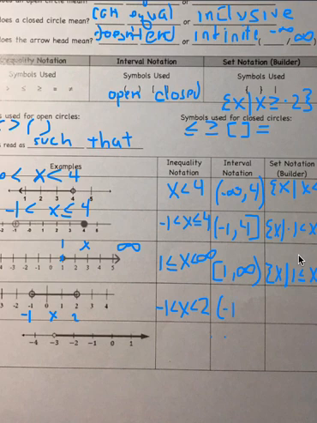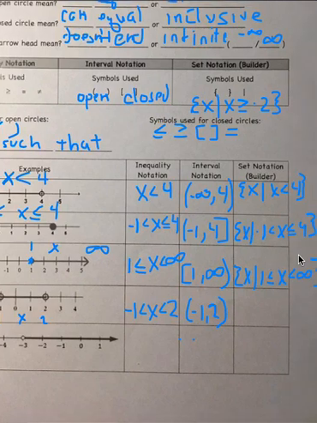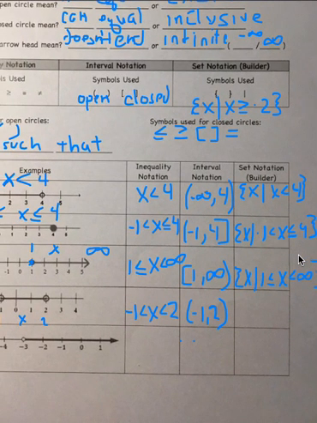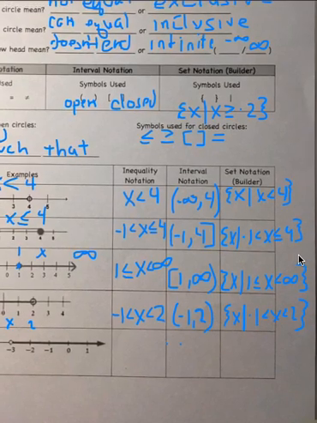So it's -1, comma, 2 in parentheses. And then set builder notation: squiggly bracket, the set of all x's such that -1 is less than x is less than 2, and then close the bracket. So you can see it right there.